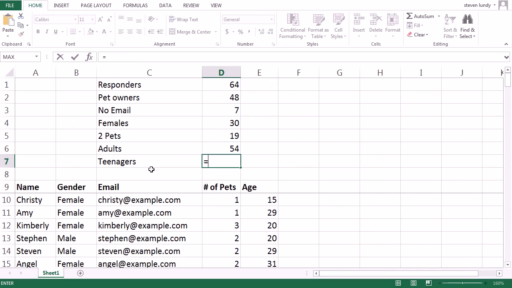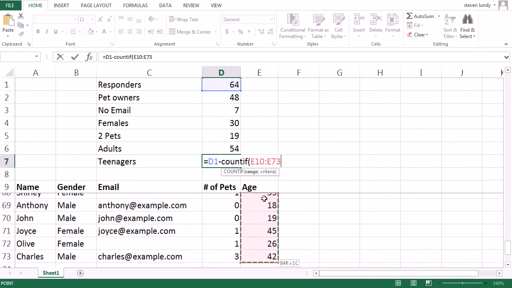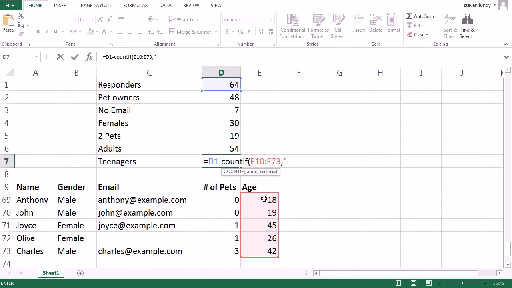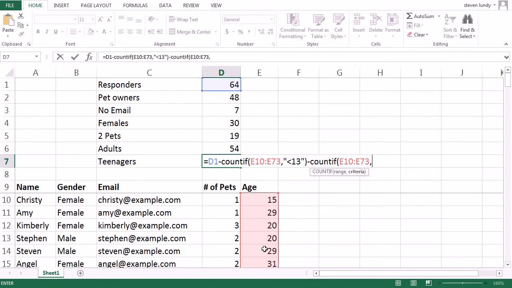To do that, we could go equals, select our total up here, subtract COUNTIF, the people in the range who are less than 13, and subtract the people in the range who are greater than 19.